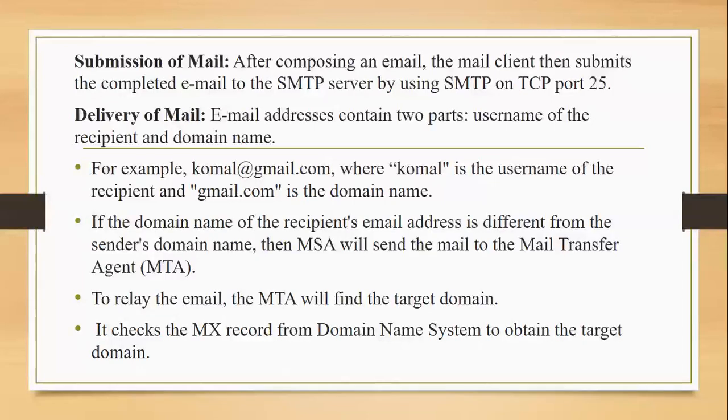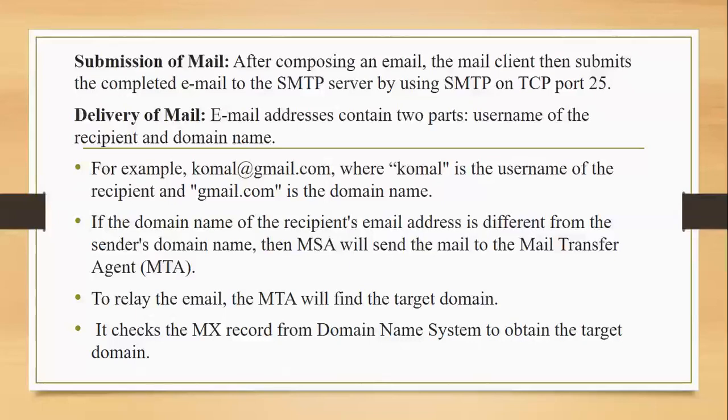One is gmail.com and the other is yahoo.com. So it is not possible to continue without any error message. So this is done with the help of the MTA. All the tasks are handled with the help of the MTA, the mail transfer agent.